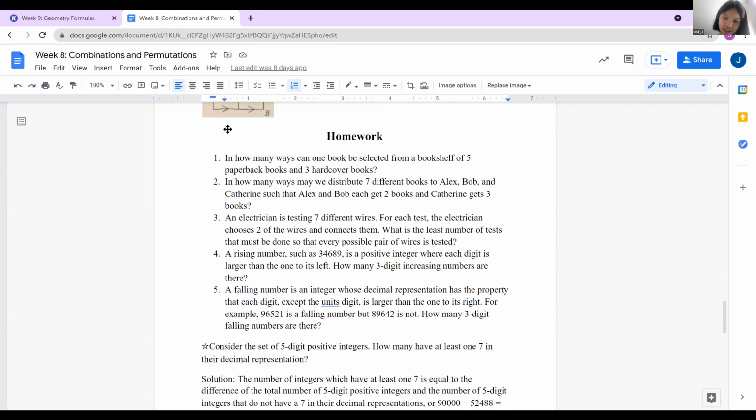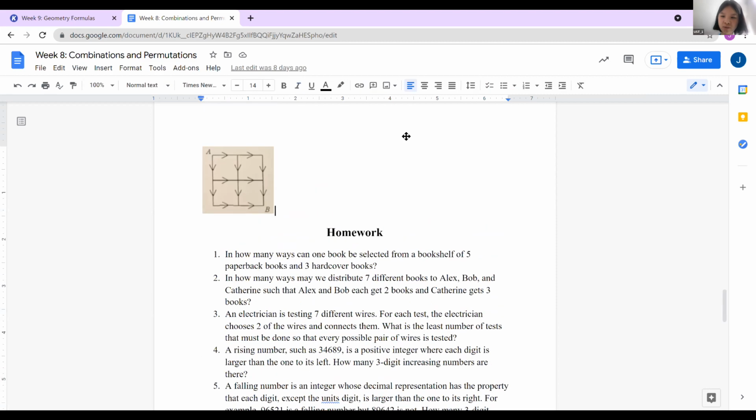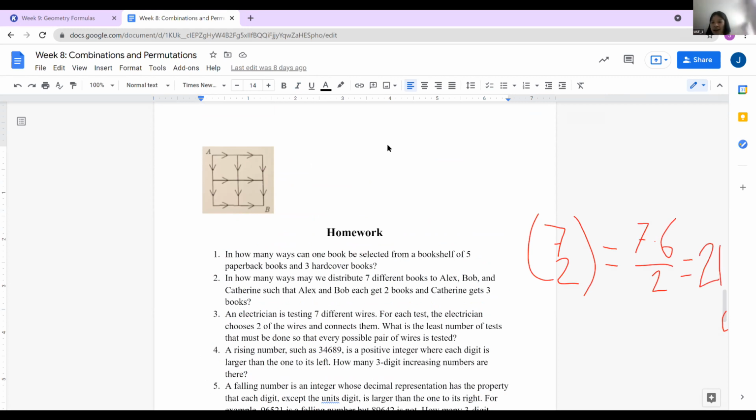The answer is actually 7 choose 2, because there are 7 wires, and each test has 2 wires. So how many ways are there to choose 2 wires from 7? If you remember the formula and plug it in, that's 21.